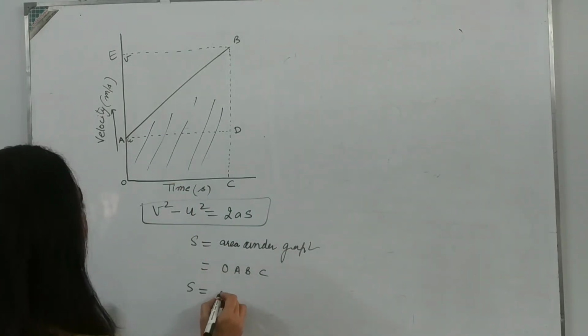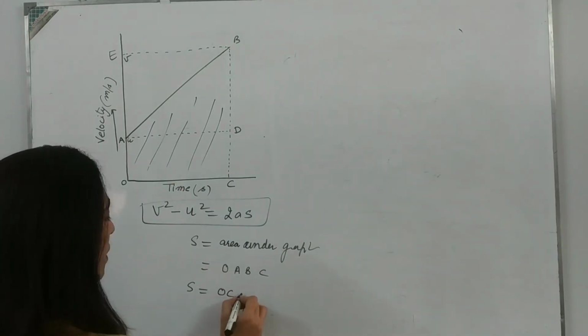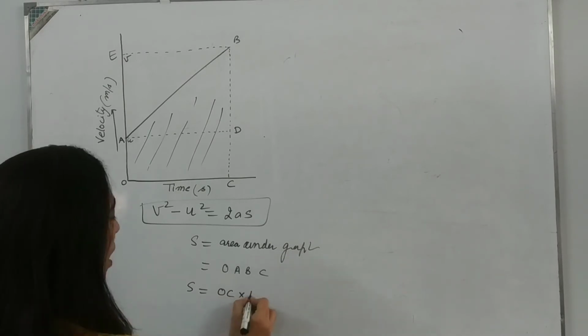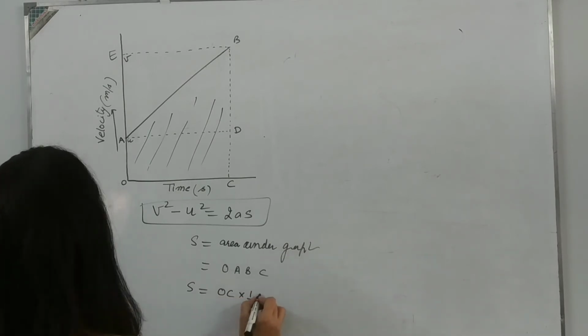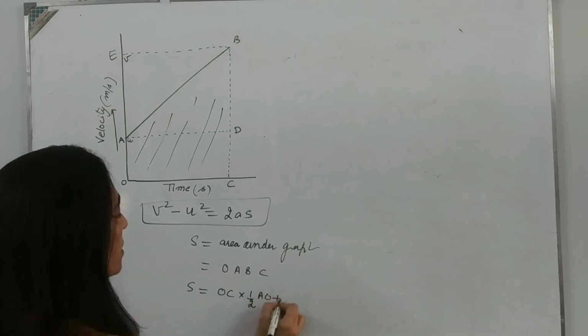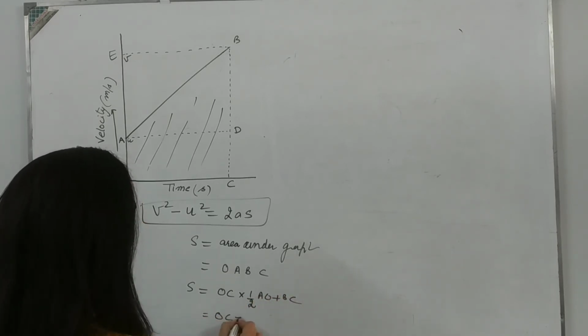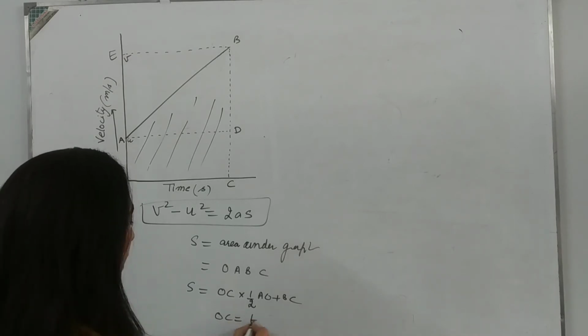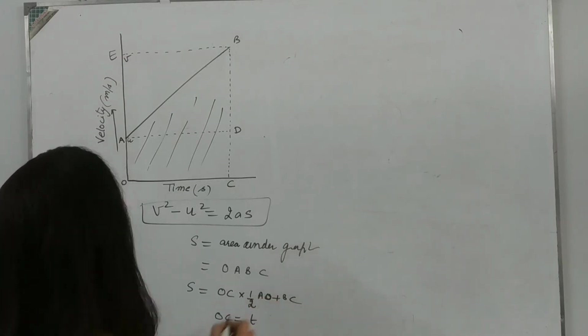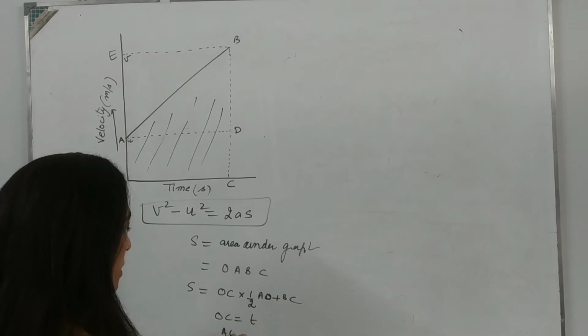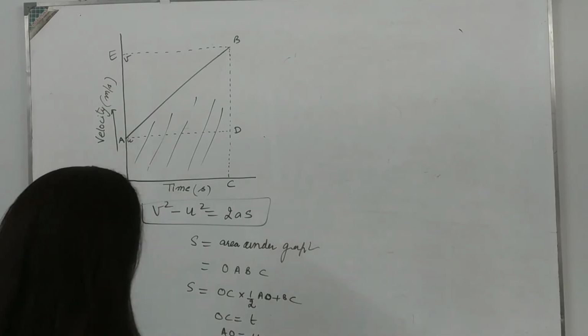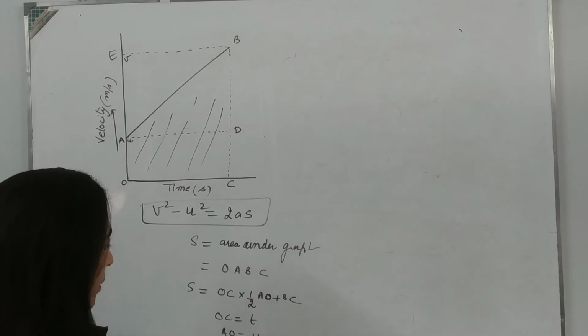So we can say OC into half of AO plus BC. Again OC is equal to T, AO is equal to U, and so we can substitute these values.